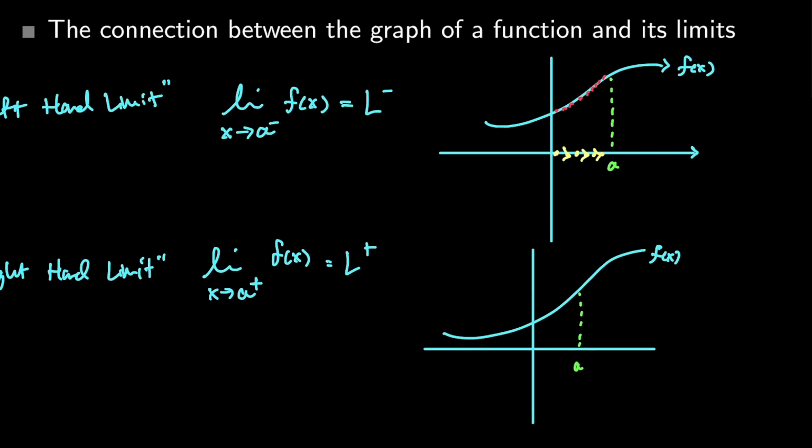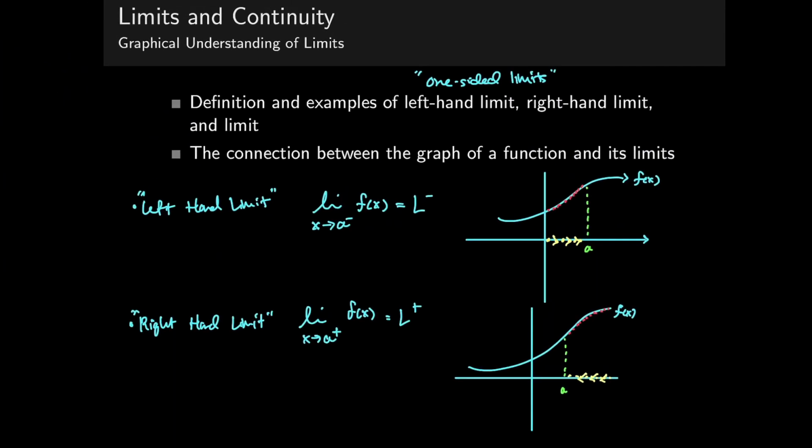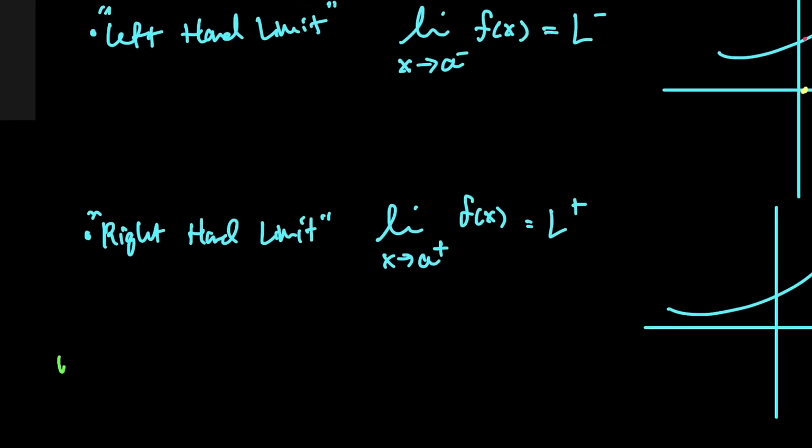Point A I care about, and now I'm coming from values greater than A, heading towards A on my input dial, and seeing what the effect is in the output. And again, here I've drawn it as if it's approaching some value, but that doesn't need to be the case. But this is what we mean by one-sided limits.